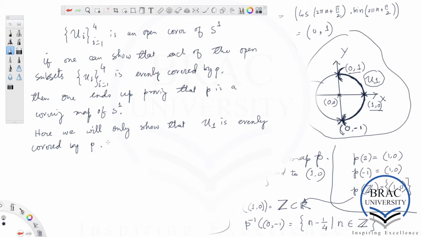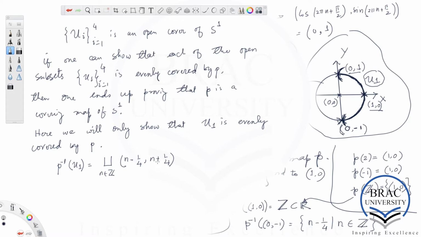Okay, earlier we saw that the inverse image of U1 under P is the disjoint union of these open sets, the open interval from n minus 1 quarter to n plus 1 quarter.